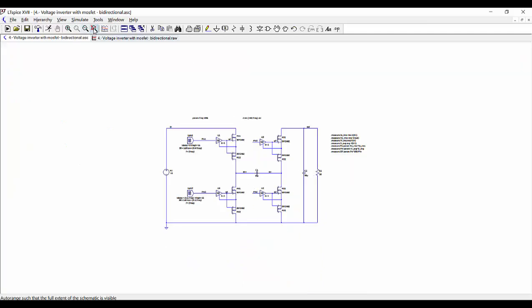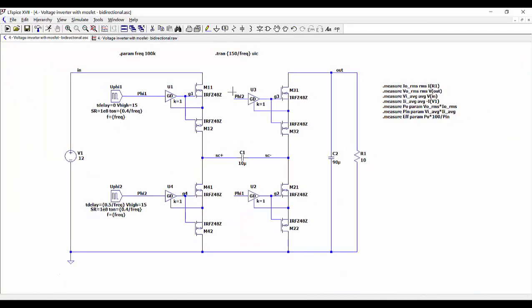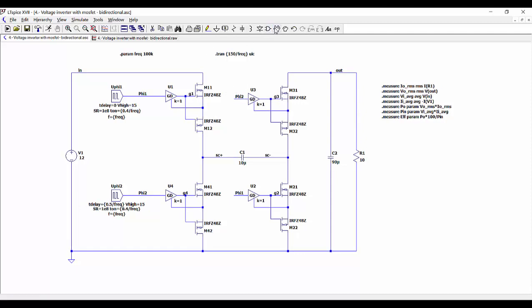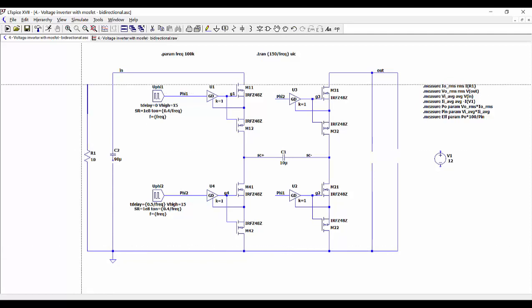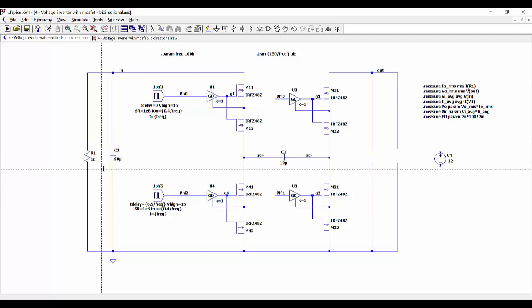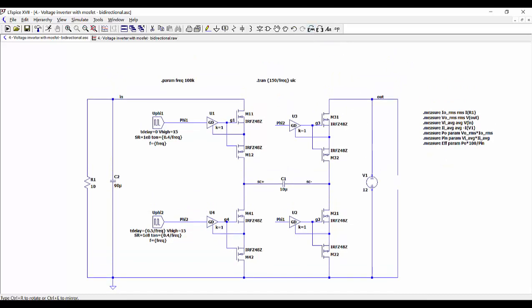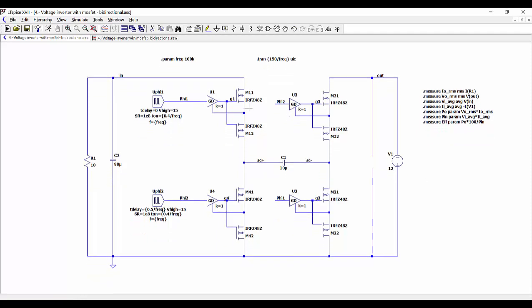And also let's check the bidirectional operation by taking the voltage to the output and then the load to the input, and then redo the connections, and then taking this one, I'm going to rotate it so it is going to be in the correct direction.